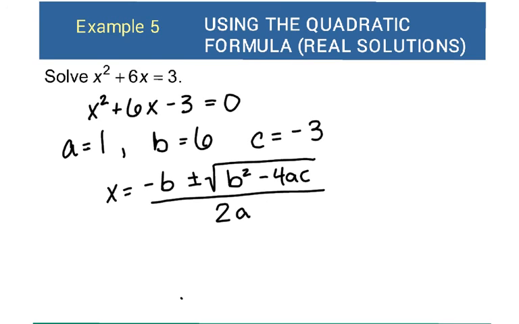And now let's plug in our numbers. So -b, which is -6, plus or minus the square root of -6 squared. I'm going to go ahead and do a few steps together. B squared, 6 squared, gives us 36, minus 4ac, which is 4 times 1 times -3.